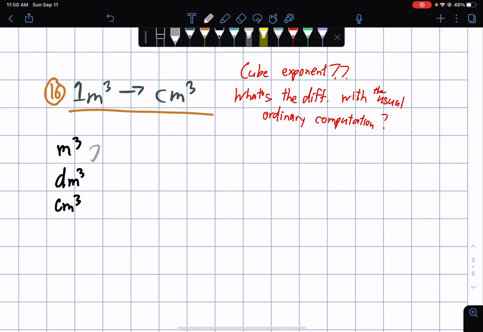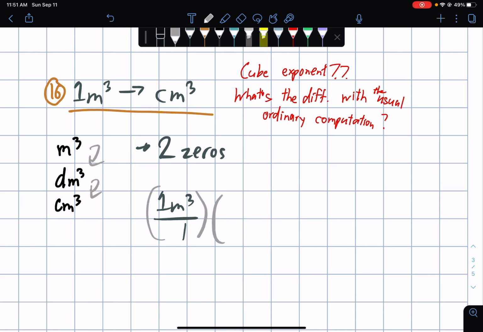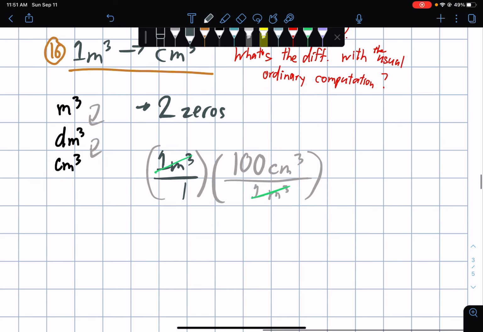So their distance is 2. That looks more like a Z. 2 zeros. 1 m raised to 3 over 1 times 100 cm raised to 3 over 1 m raised to 3. Cancel these values. We get 100 centimeter cube.